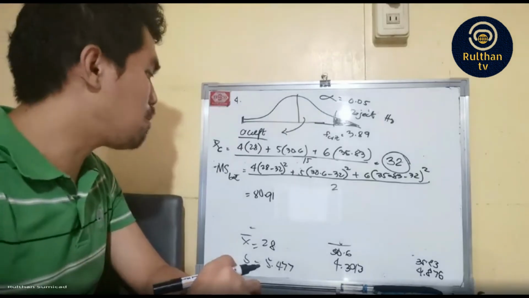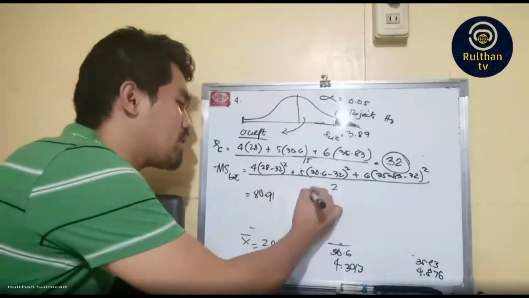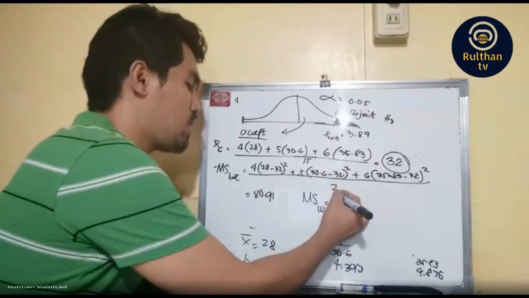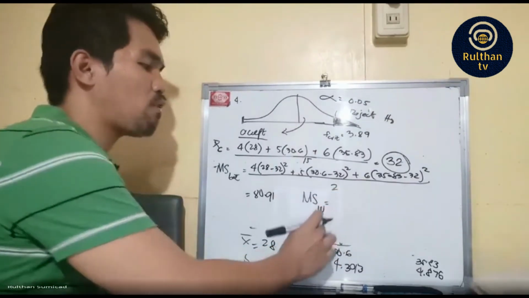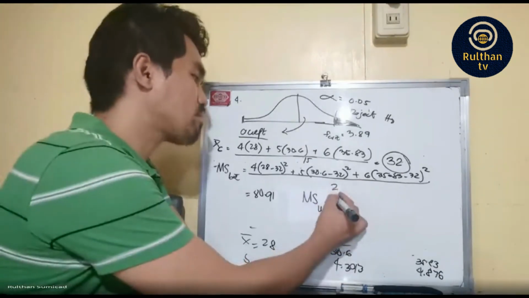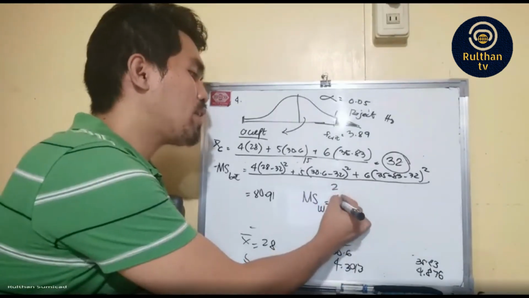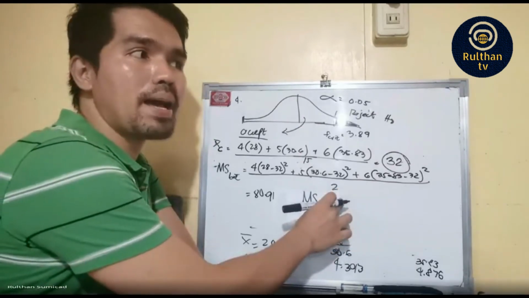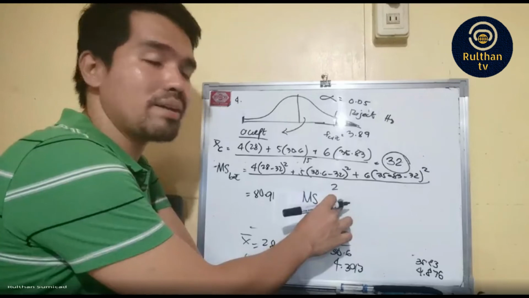What about our MS within, what's the formula for that? It is n sub i minus 1 times the squared of the standard deviation.